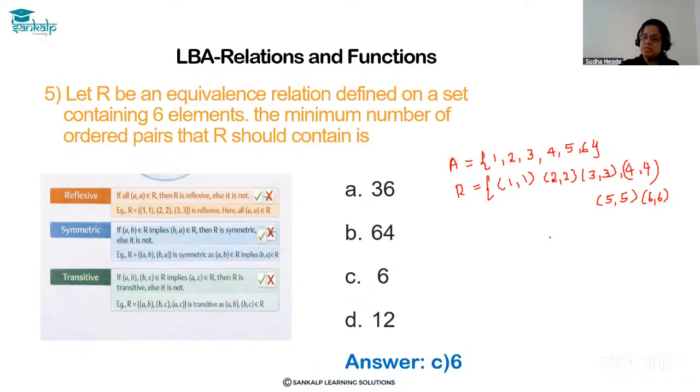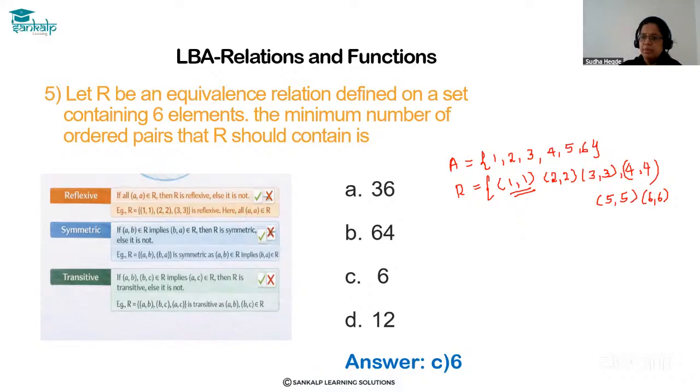So R is reflexive. For symmetric, if you take any element and reverse it, you will get the same, so it is symmetric. Since we don't have any (a, b), (b, c) such pair, you can assume this as transitive.